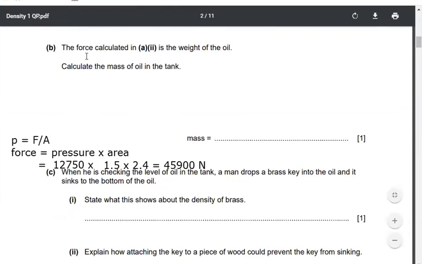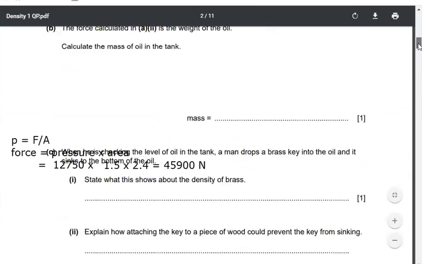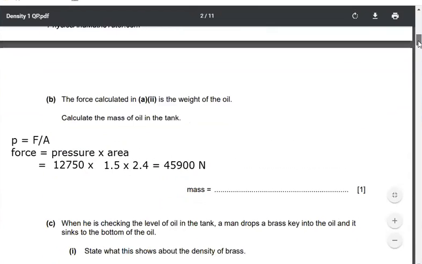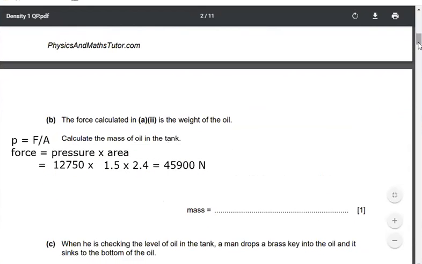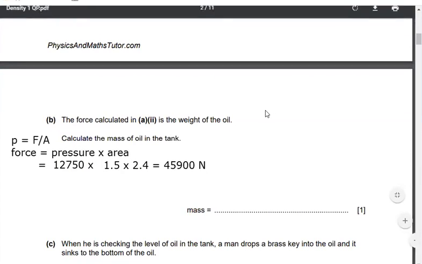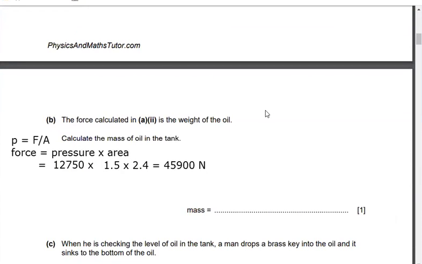Now, the force calculated previously is 45,900. Now they want to find the mass of the oil. Last class I told you, if you want to find force from mass, you multiply mass by 10. But if you want to find mass from force, you divide it by 10.